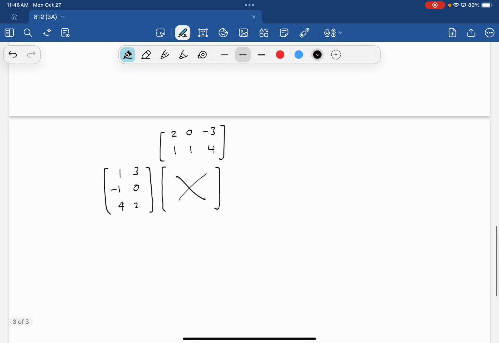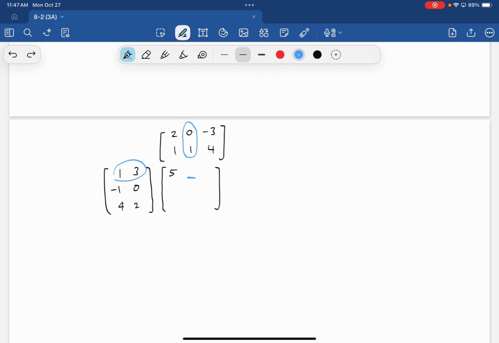So now the idea is that to find this entry here, I find the corresponding row that lines up with it and the column that lines up with it, and then I multiply those entries in order. So it'll be 1 times 2 plus 3 times 1, which is 5. That is somewhat more helpful. And then the second one would be this row times this column. So it will be 1 times 0 plus 3 times 1, which gives me 3.